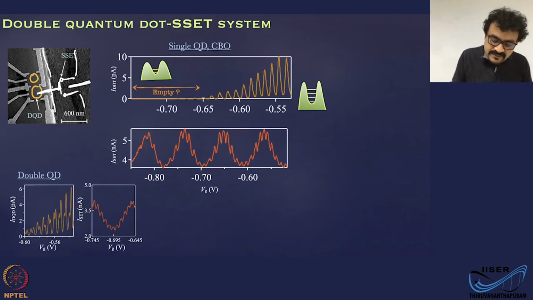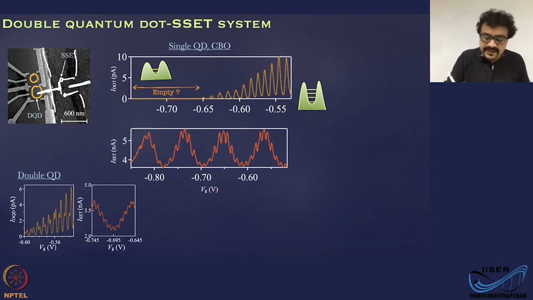So in this first set of measurements, you have only one quantum dot. So this set of gates are not energized. So you have only these 5 gates energized. Then these are the Coulomb blockade oscillations, which is the conductance through the dot as a function of the gate voltage.